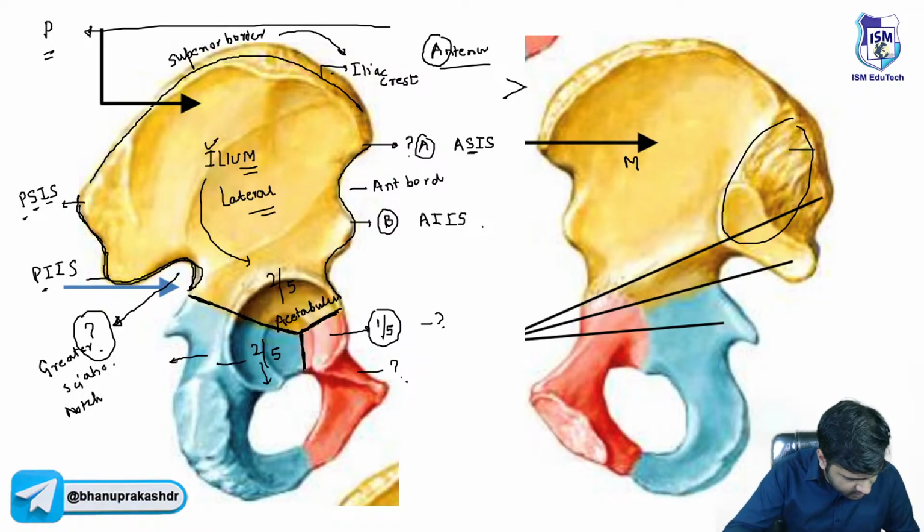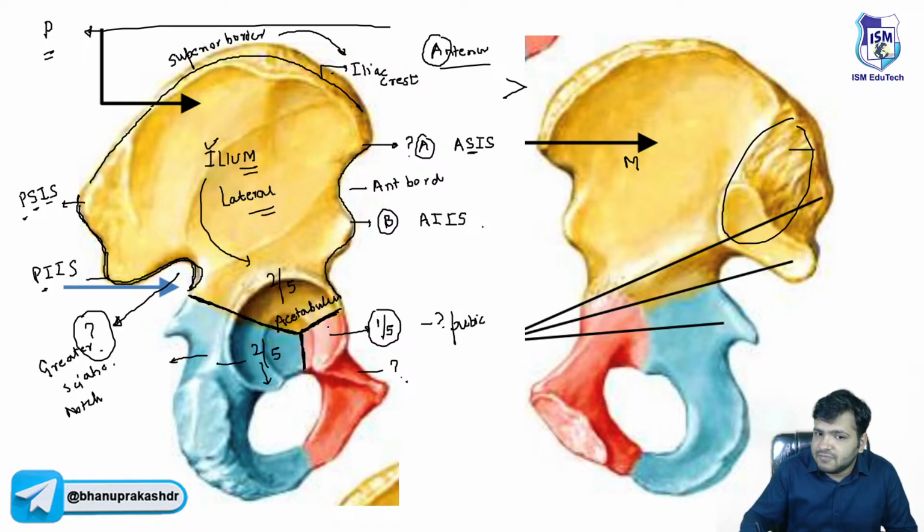Yes Chirag, very good, Jainam, Kriti, Osama, very good beta, it is the pubic bone which forms 1/5 of the acetabulum, and 2/5 again it is formed by the ischium.